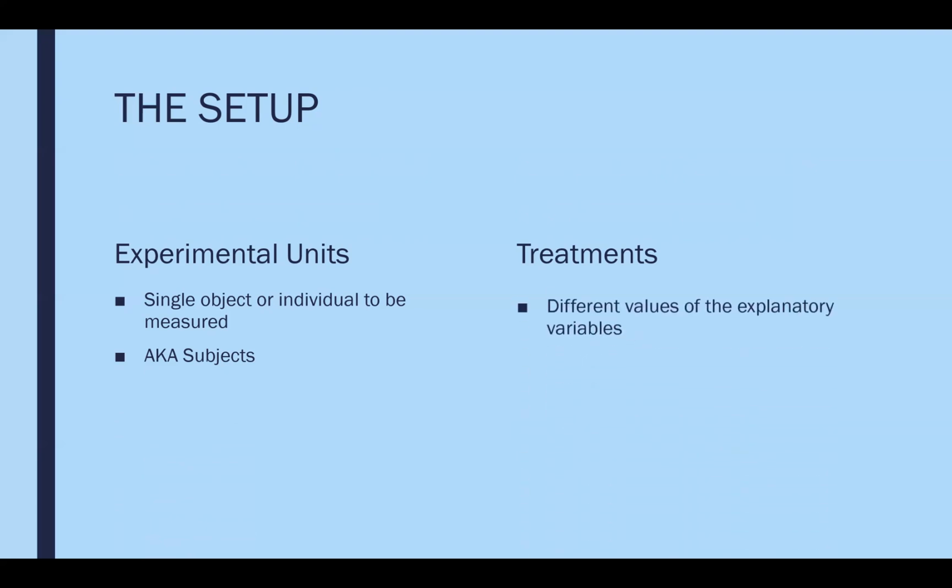Treatments are the different values of your explanatory variable. You've got treatment A, treatment B, treatment C, teaching method A, teaching method B. You could have the group that gets the placebo, the group that is going to take medication for high blood pressure, the group that's going to do exercise for high blood pressure, and the group that's going to be on a special diet.